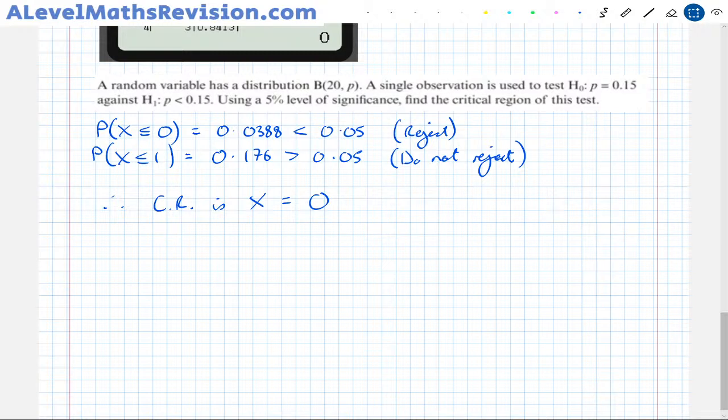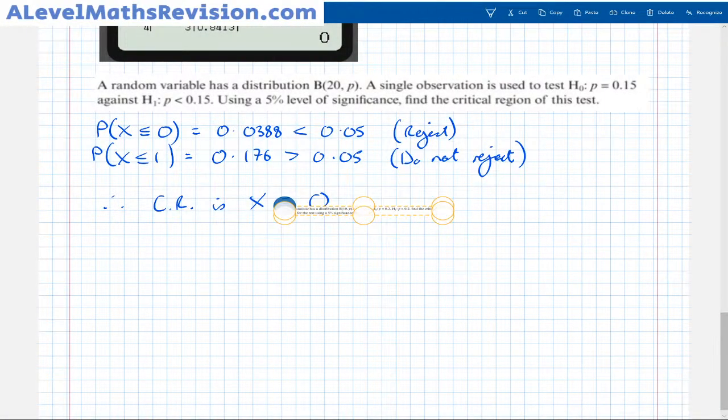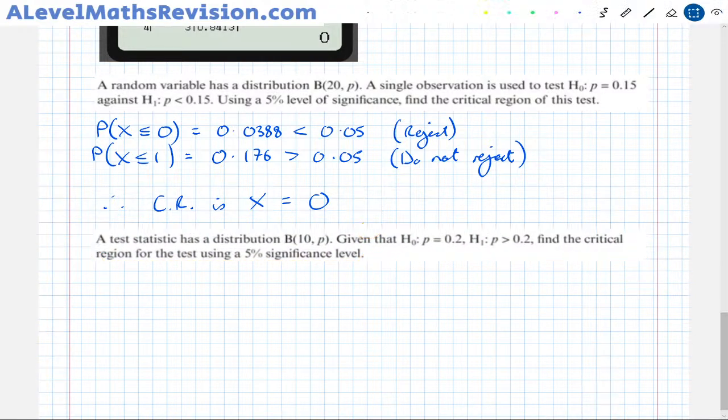Give me a moment. It was this one that I wanted to do. So a test statistic has a distribution 10p. Given that the null hypothesis is 0.2 and that the alternate hypothesis is p is greater than 0.2, find the critical region for the test using a 5% significance level.